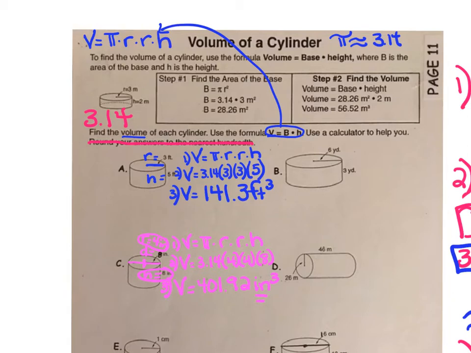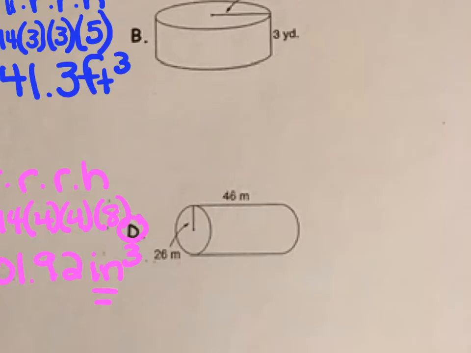Let's take a look at one more together, letter D. We can see that in letter D, this cylinder has been tipped over on its side. We can see that the radius starts at the center and radiates out to the side. The length of the radius is 26 meters. Please label that R. And even though the cylinder has been tipped over, the height is 46 meters.